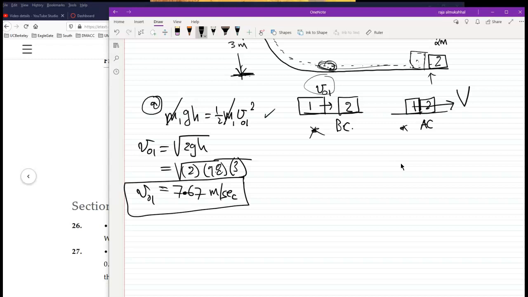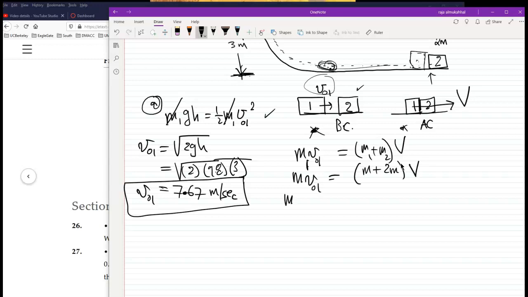Let's see. So with this one for BC, I'm going to have M1 V01. Of course, this one is 0 here, so I'm just going to ignore it. Equals, now here I have (M1 plus M2) big V. Well, what is M1? M1 is M, he said, and M2 is 2M. So M V01 equals (M plus 2M) big V. Got it?